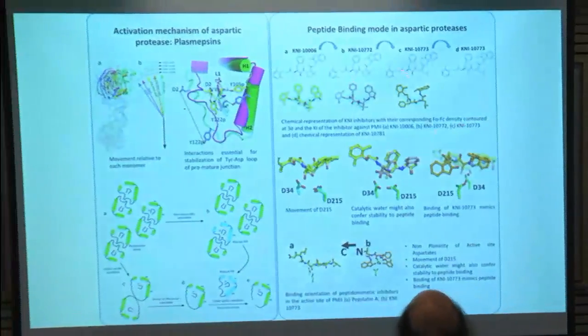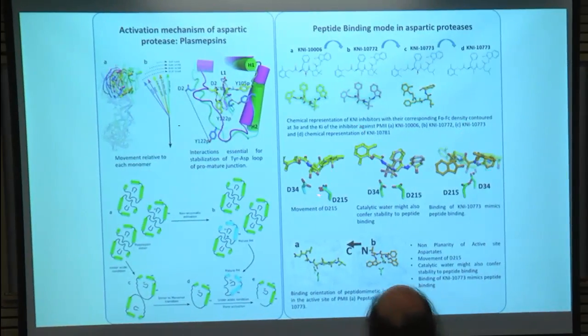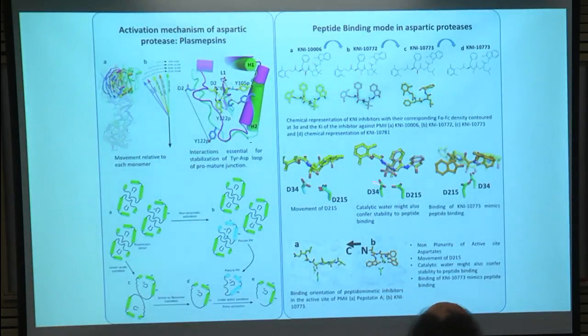Based on all these three structures, we also see that it has been believed that the aspartates in aspartic proteases are planar, but we have seen that they can be non-planar. We have seen other structures as well where they have not commented on the planarity of these aspartates, because this planarity could actually be helpful in determining which aspartate is more important during catalysis.